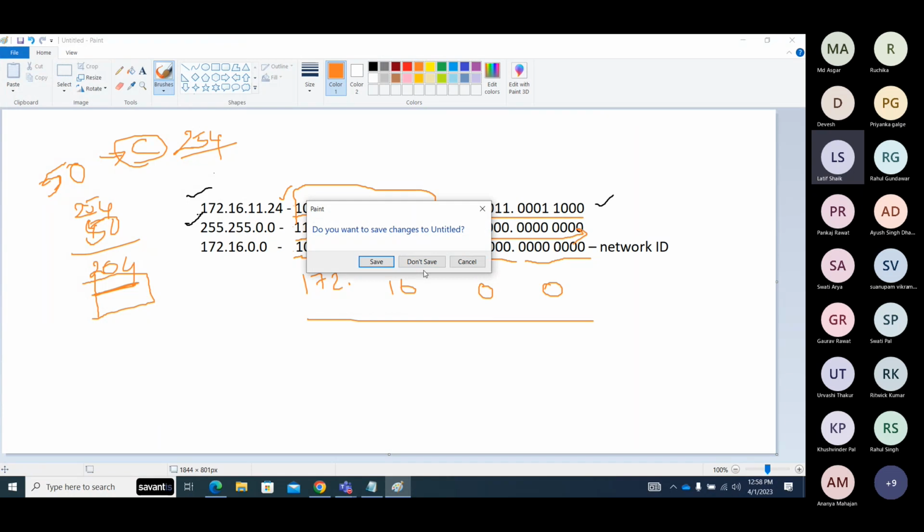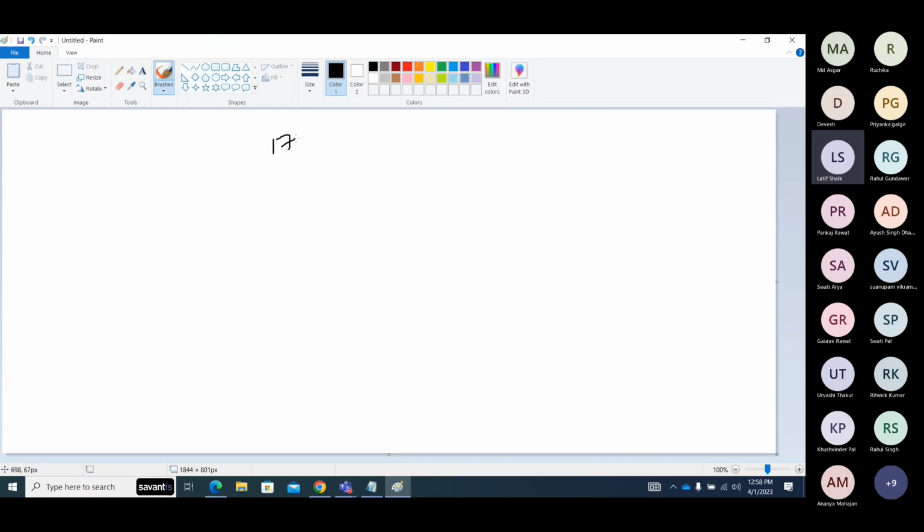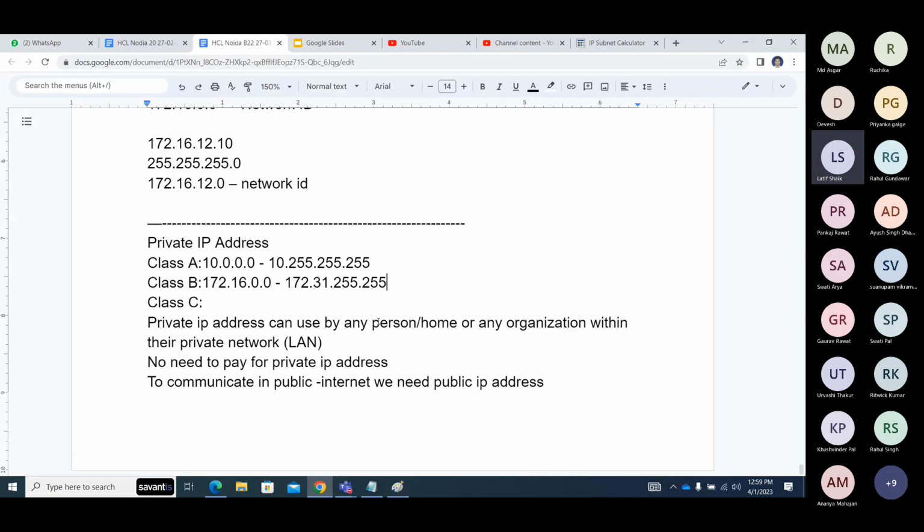Some people get confused here, because 172.16 and 172.17 and so on up to 172.31 are all private IP addresses, but different networks. Like this 16, 17, 18, 19 up to 31 are private IP, but different networks.